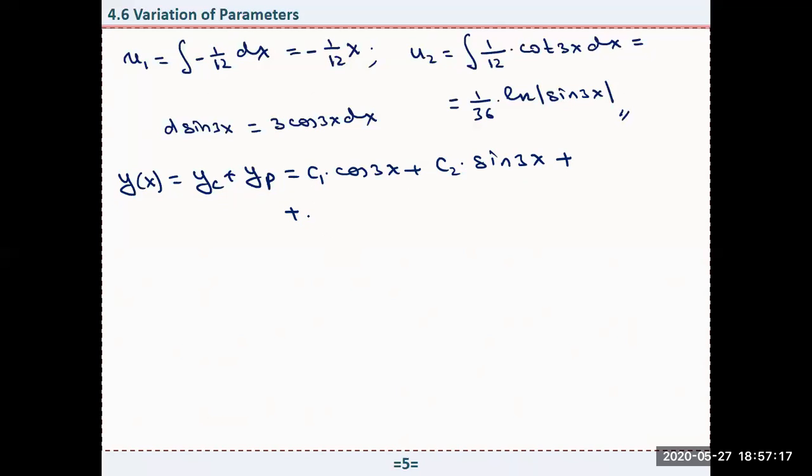Particular solution is u sub 1 times y sub 1, and u sub 1 equals negative 1 over 12 x times y sub 1, that is cosine of 3x, plus here we have u sub 2, that's equal to 1 over 36 times natural logarithm of sine of 3x times y sub 2, and y sub 2 is sine of 3x.